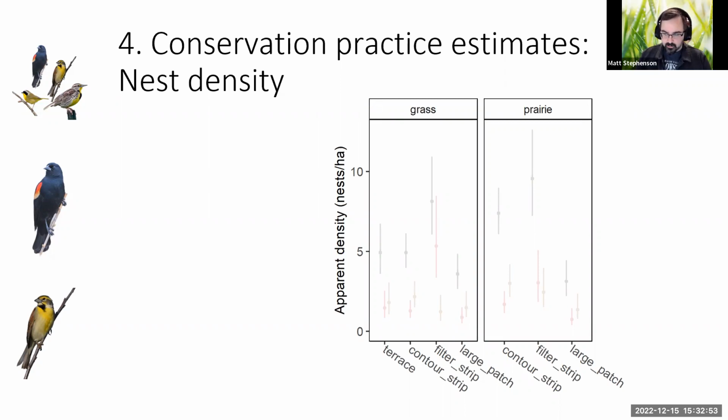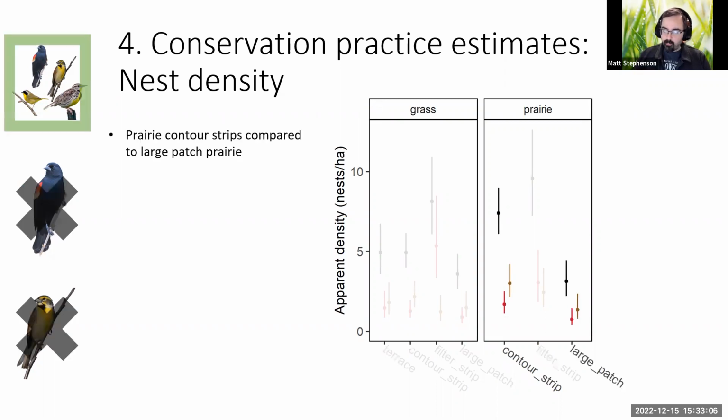So for nest density, first we're going to look at prairie contour strips, and we're going to compare the nest density in prairie contour strips to nest density in large patch prairie restorations. And we can see that nest density was the same for dickcissels and blackbirds between those two conservation practices. But the prairie strips did have higher nest density for grassland nesting passerines as a community.